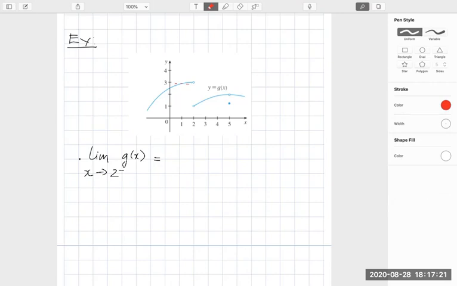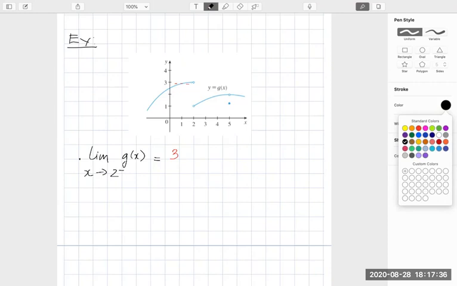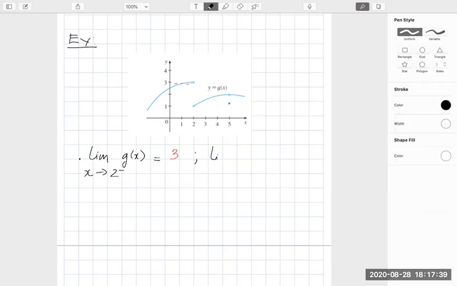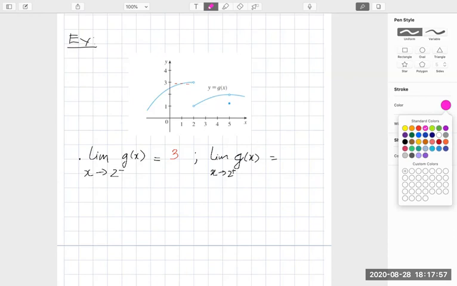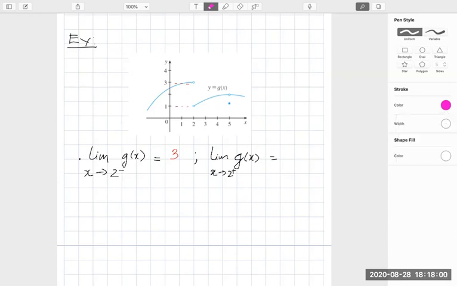Therefore, the left side limit of g of x when x approaches from the left of 2 will be 3. Similarly, if x goes from the right side, then the limit should be going to this value, right? In this case, it is 1. You see it? Very good.